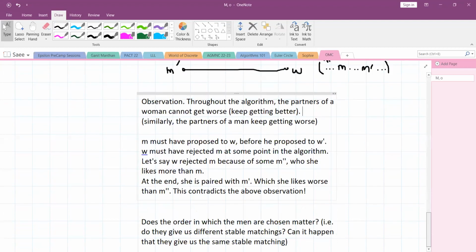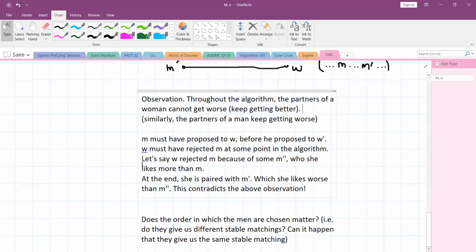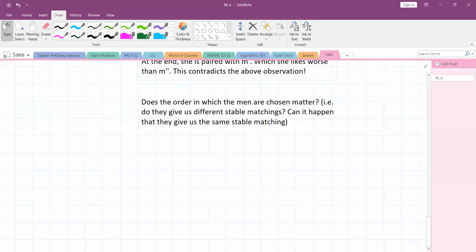So let's try to quantify more. I'm going to define a set, which I'll call a valid partner. Let's say a valid partner of M is the set of all women W, so that, this is just fancy notation for sets, if you don't know it, it's all right.